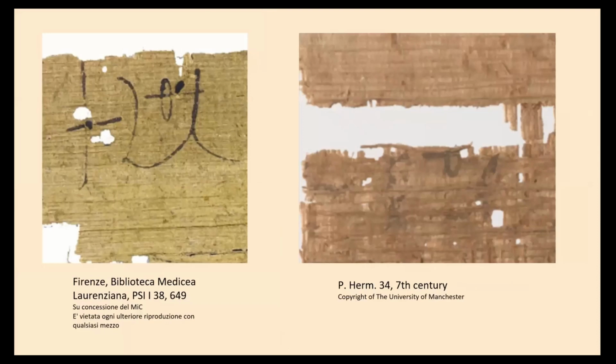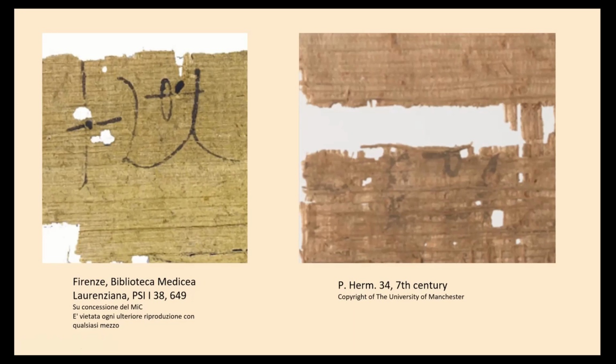And finally, we arrive at the final stage, at least the final one confirmed in the papyri from Hermopolites, dated most probably to the middle of the 7th century. So the one example precisely dated is dated to 649, where within the M we do not find anymore a Christian symbol, but theta.